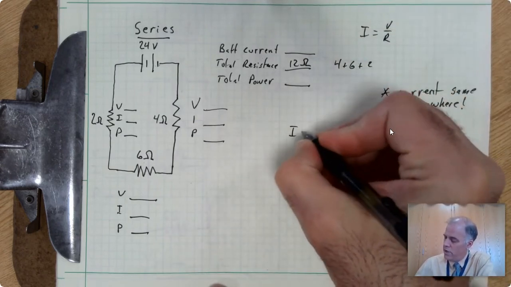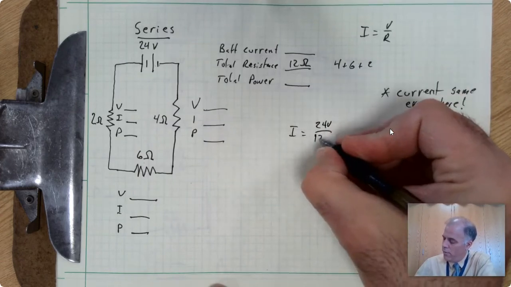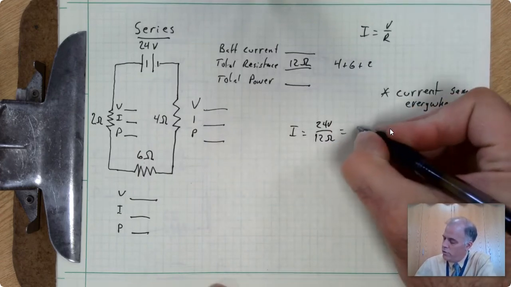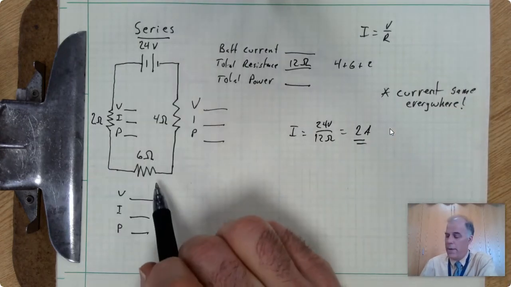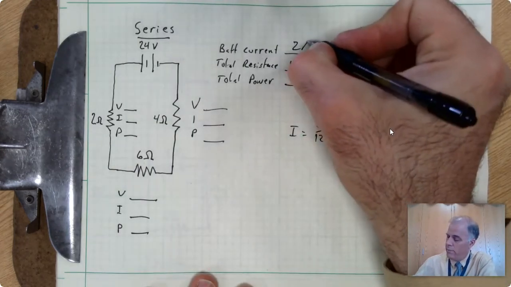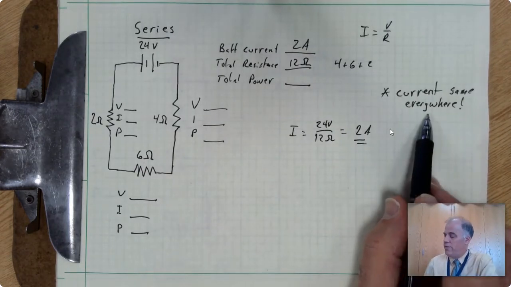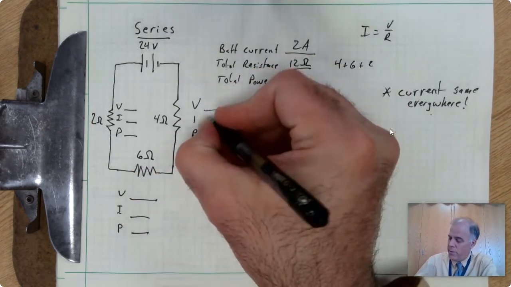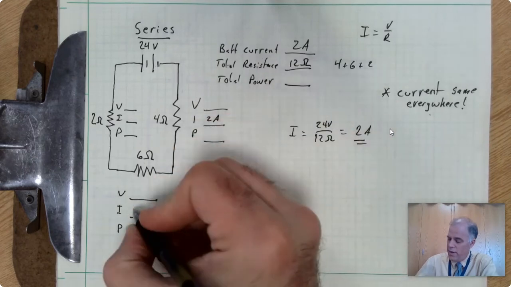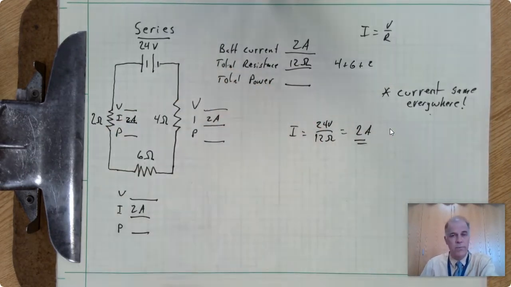So I is equal to 24 volts divided by 12 ohms, which means 2 amps. 2 amps of current will come out of the battery. So there it is, 2 amps. Now, we use this insight that the current is the same everywhere, and we say, hey, if there's 2 amps of current coming out of the battery, that means there has to be 2 amps going through this resistor, and 2 amps going through this resistor, and 2 amps going through this one.